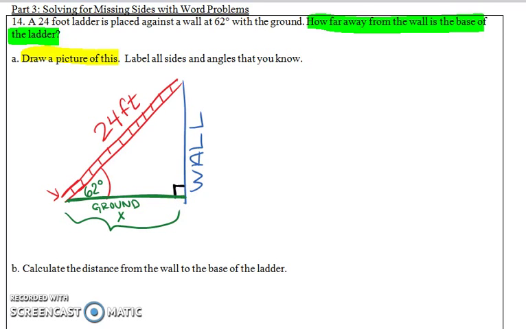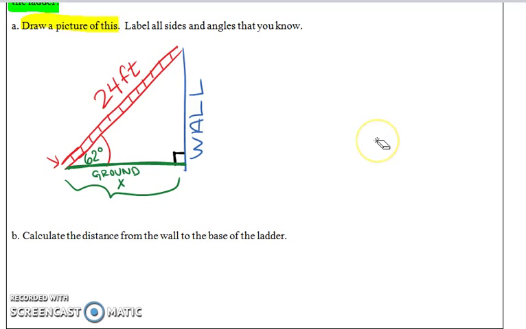Okay, so now we have our picture. If it's too much to process with the ladder and the wall and the ground all going on, you can just draw a right triangle off to the side, the hypotenuse being 24, remember this is the ladder, and we know that this angle down here with the ladder and the ground is 62, and this right here, the distance between the base of the ladder and the wall, is x, what we want to know.